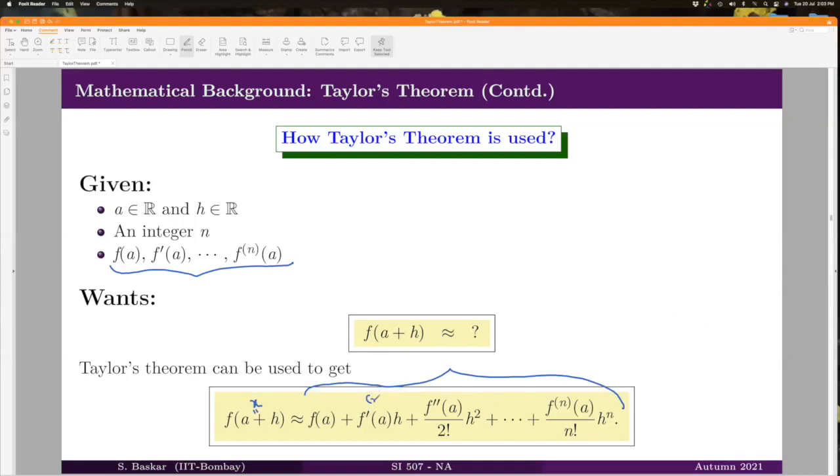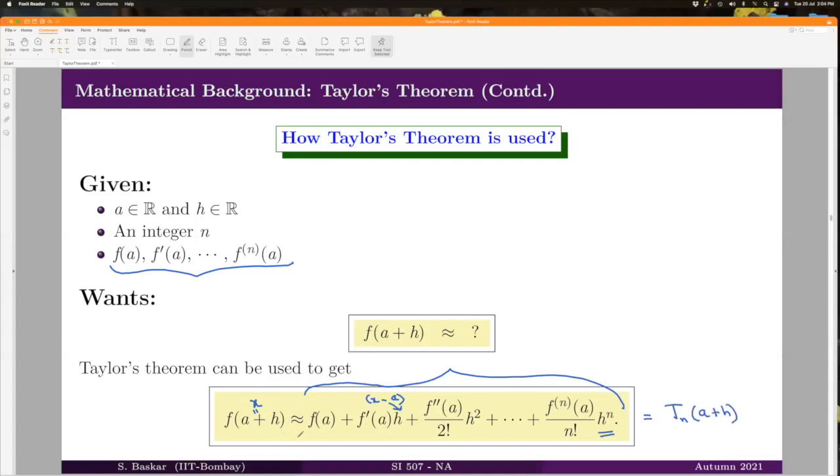Therefore, x minus a is nothing but a plus h minus a, that is going to be h. Similarly, h square and so on. So this is precisely what we had defined as the Taylor polynomial at the point a plus h. That is, this is nothing but Tn of a plus h.